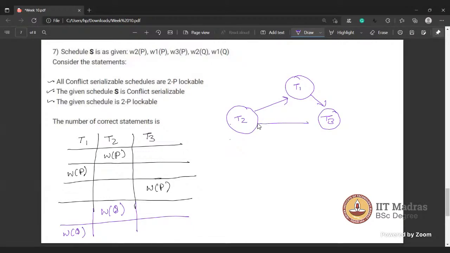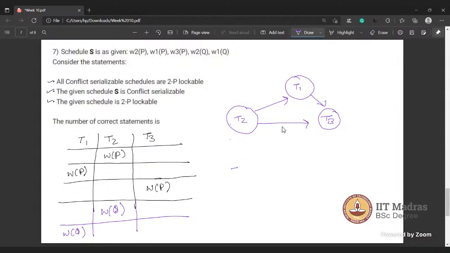Won't that be considered transitive, like T2 to T1 and T1 to T3? So do we need to specify T2 to T3 explicitly?